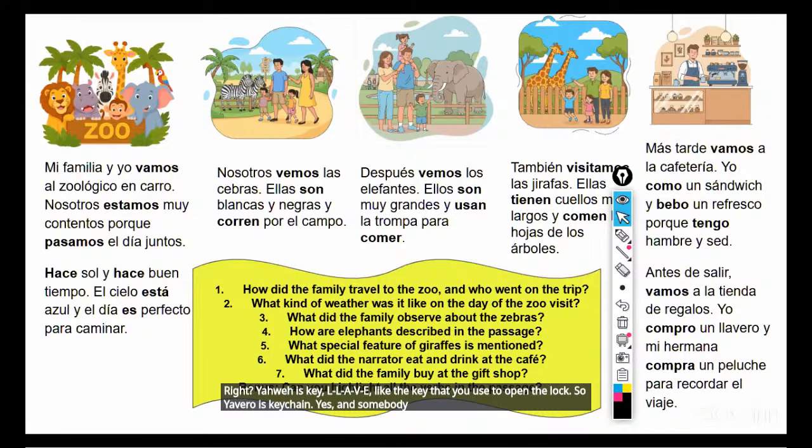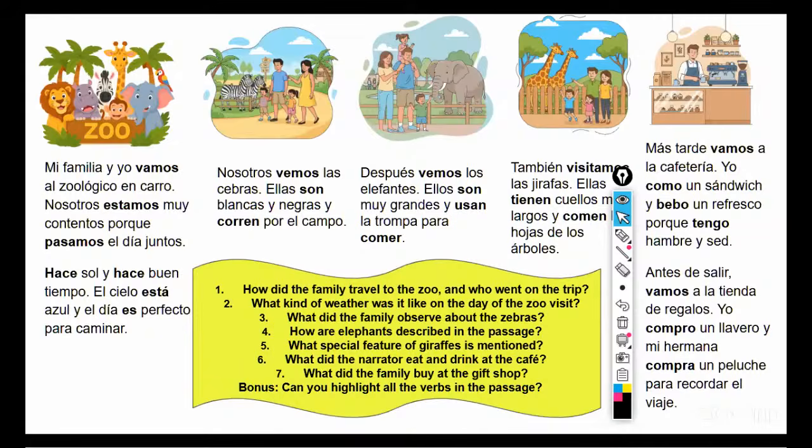Yes, and somebody got stuffed toy. Right. So llavero, keychain, and peluche, stuffed toy, right?